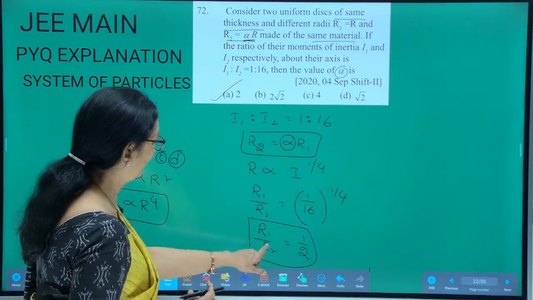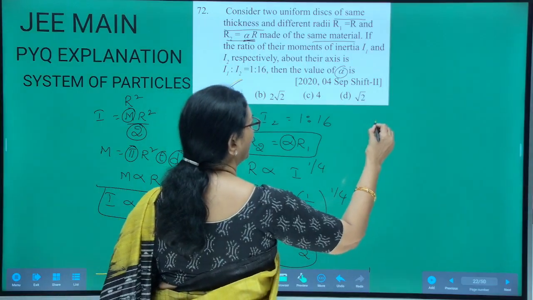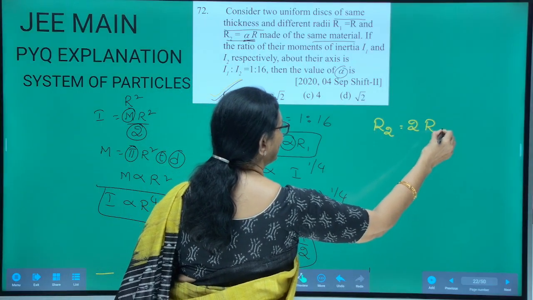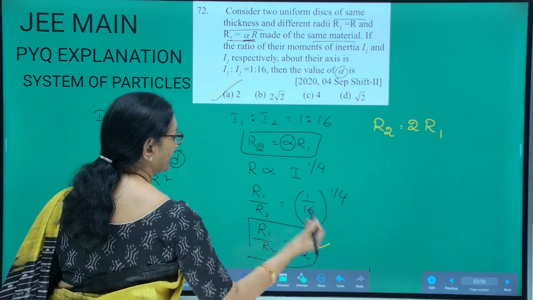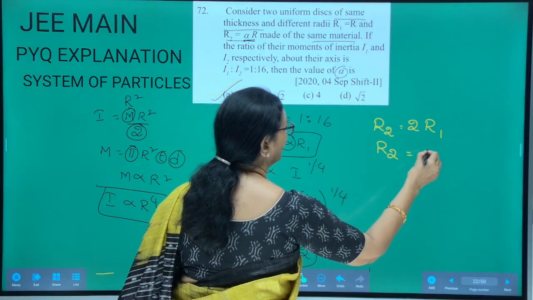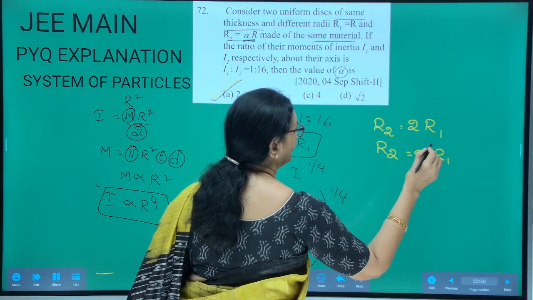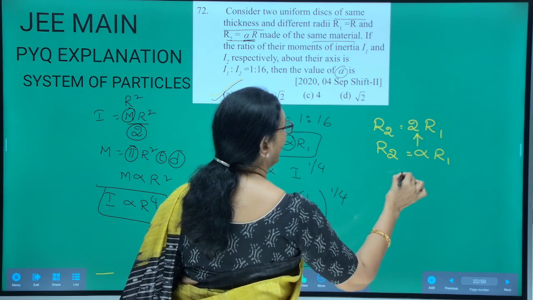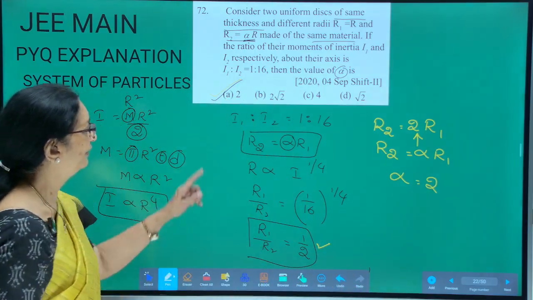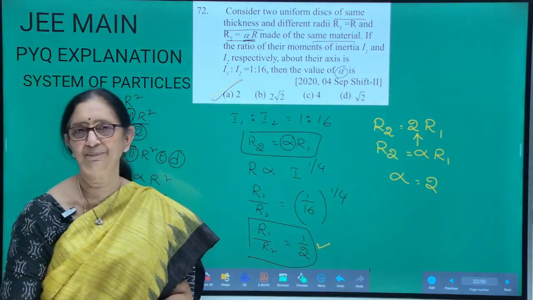From this, R2 is equal to 2 R1, that is what we got from this expression, but the problem mentions R2 is equal to alpha R1. If you just compare, alpha is equal to 2, that is the answer. So, the first option is correct for that problem.